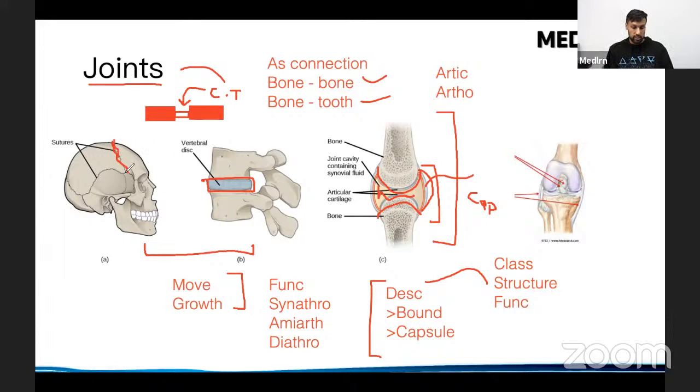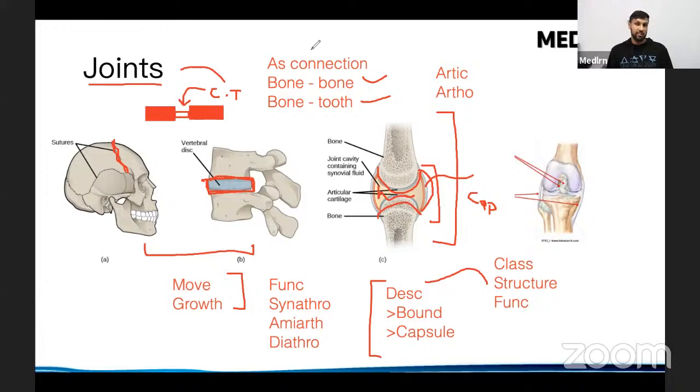For example, sutures, and you have the vertebral disc here. These are different sorts of joints. We have cartilaginous joints and fibrous joints, but we are going to be discussing this in a bit more depth later.